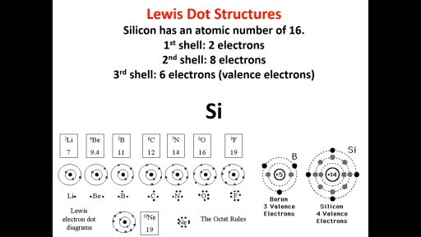So here, looking at silicon again, you have atomic number 16. So you have 2 electrons that fill the first shell, 8 that fill the second shell. So you're left with 6.